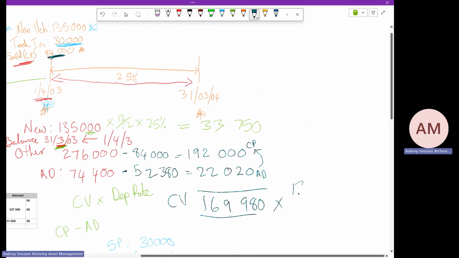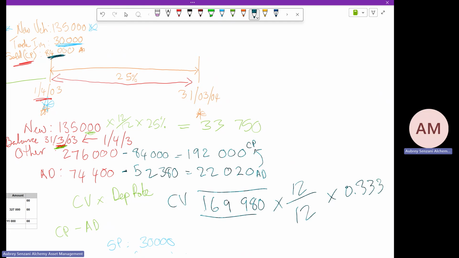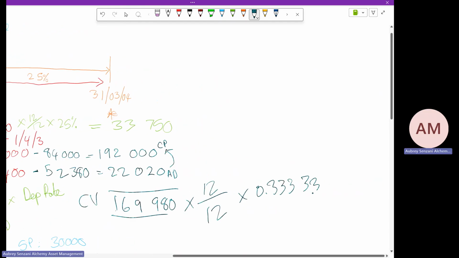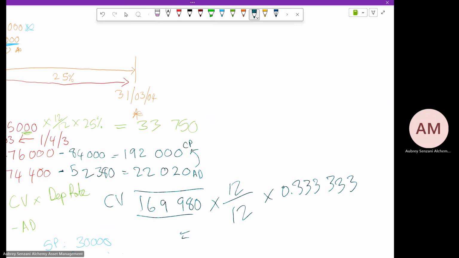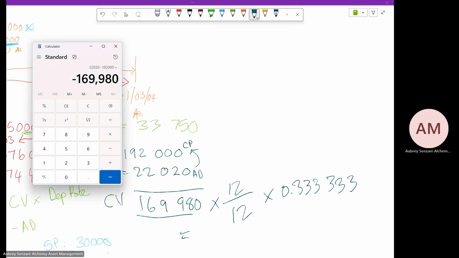We had this for 12 months, in other words, the full year, times 0.3333, which gives you, let's see, let's use our calculator here.